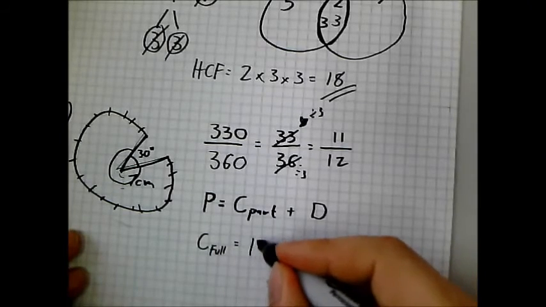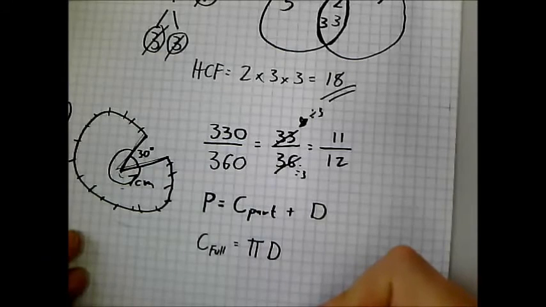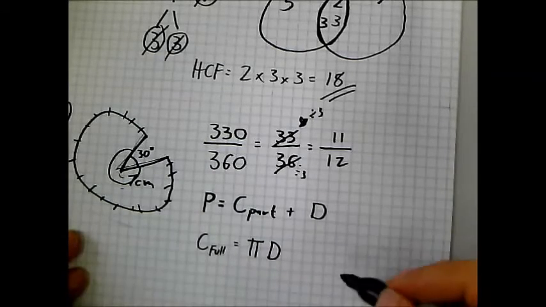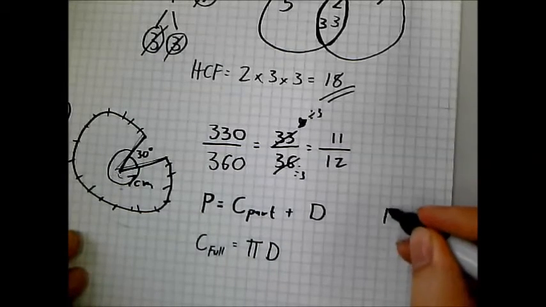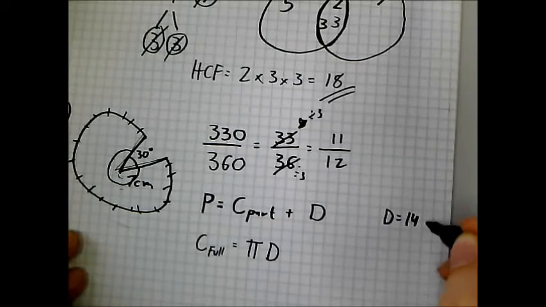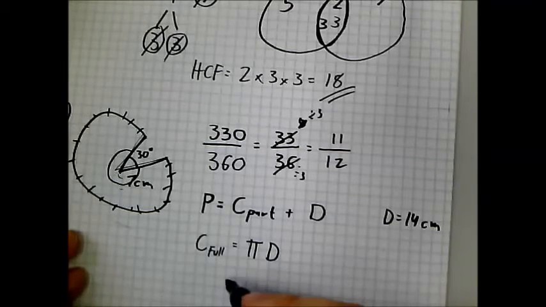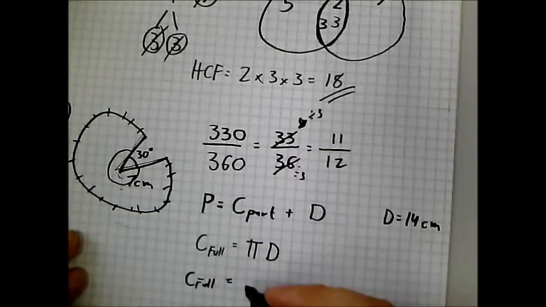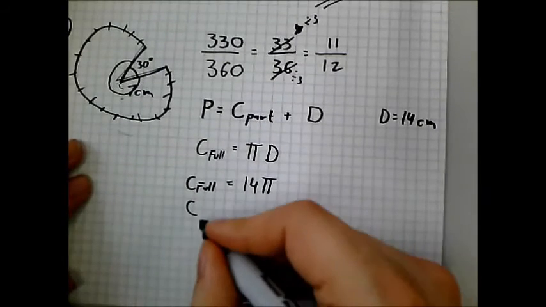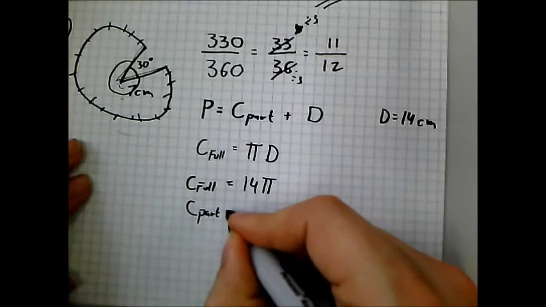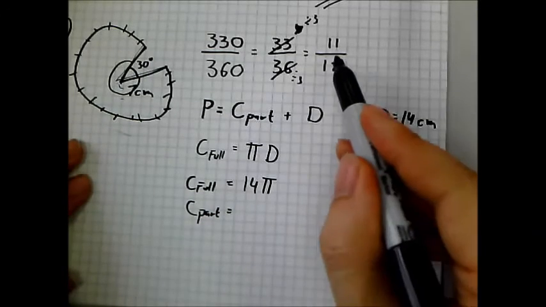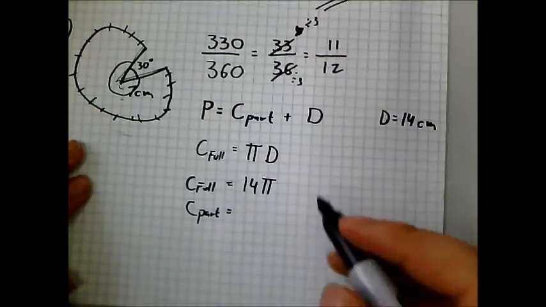Okay, and I know that is pi d, where the diameter is 14 centimetres. Okay, so the circumference of the full circle is pi multiplied by 14, or 14 pi. Now I only want part of the circle, so the circumference of part of the circle is going to be 11 twelfths of this.